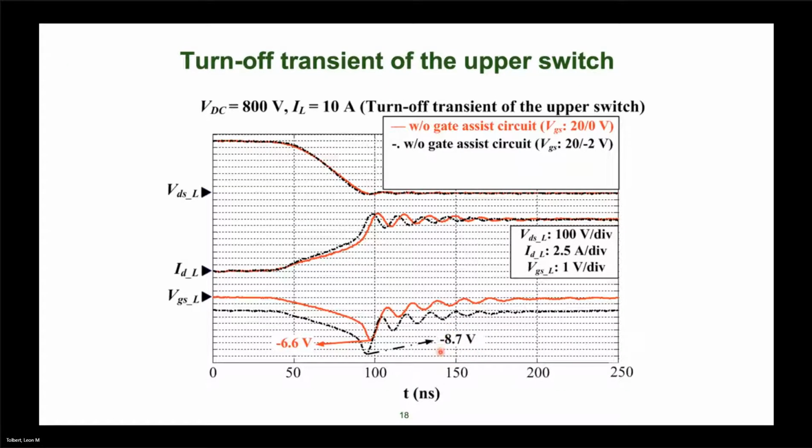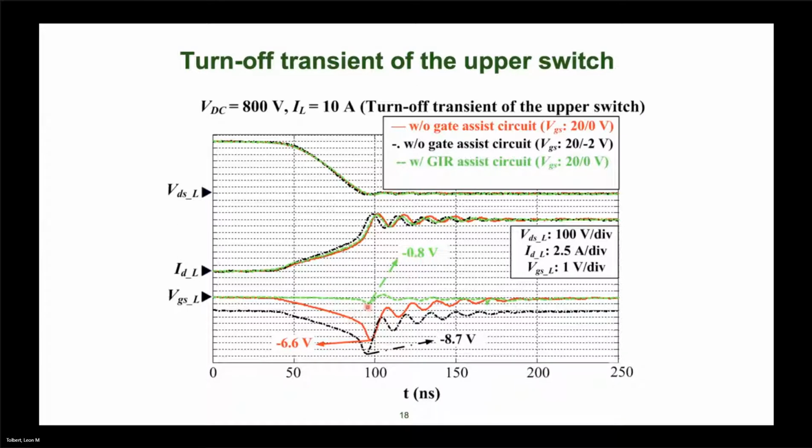We're here already at minus 8.7, kind of a transient voltage across that gate. And so you get to be a little bit worried about damaging your gate if you can get too close to minus 10. And that's really where these other two shine. The GIR assist circuit, you can see nowhere close.